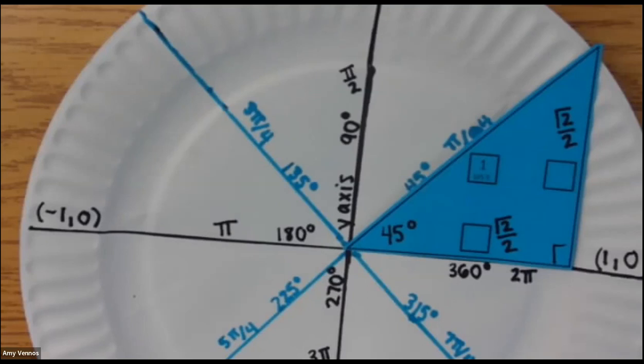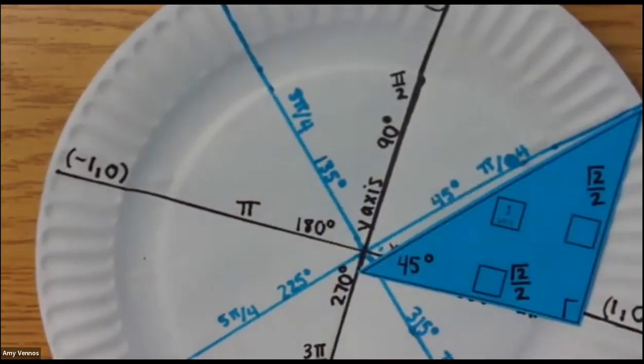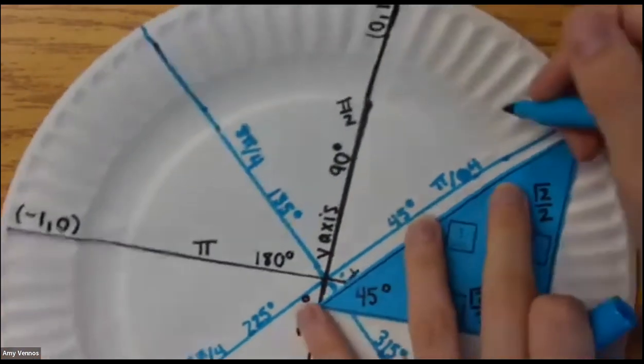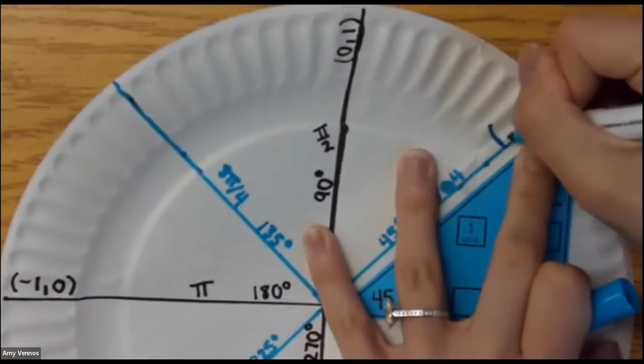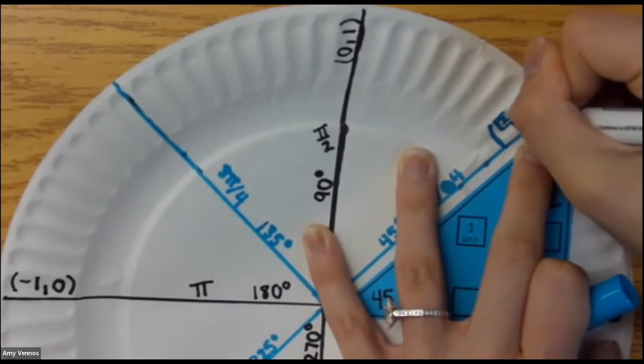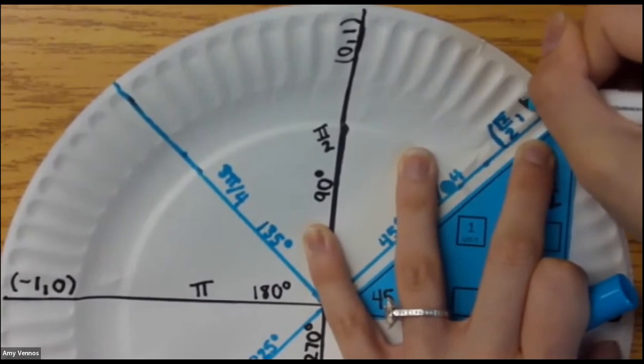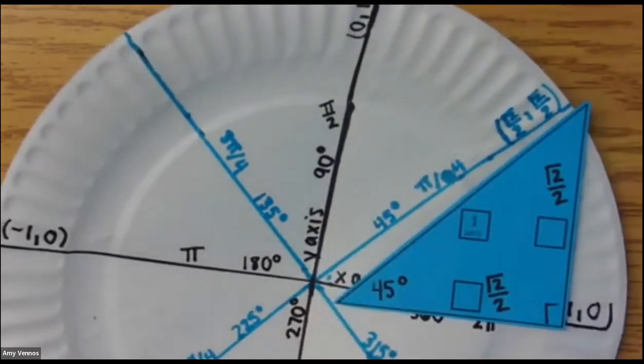So to get to this point, you would start at the 0. You would go square root of 2 over 2 to the right, and then you would go square root of 2 over 2 up, right? So the coordinates of this point right here, and let me use my blue marker for this, are square root of 2 over 2, comma, square root of 2 over 2.